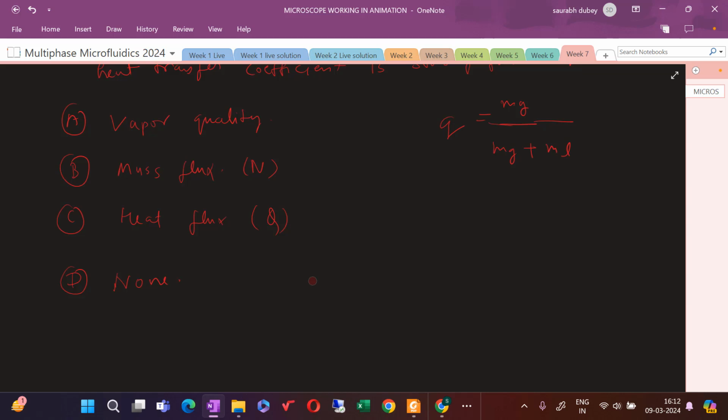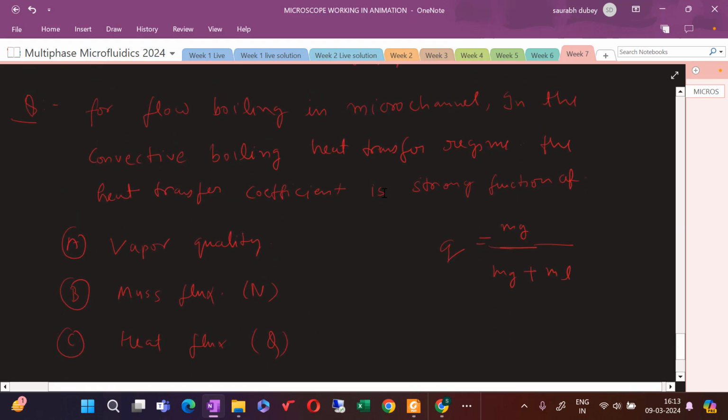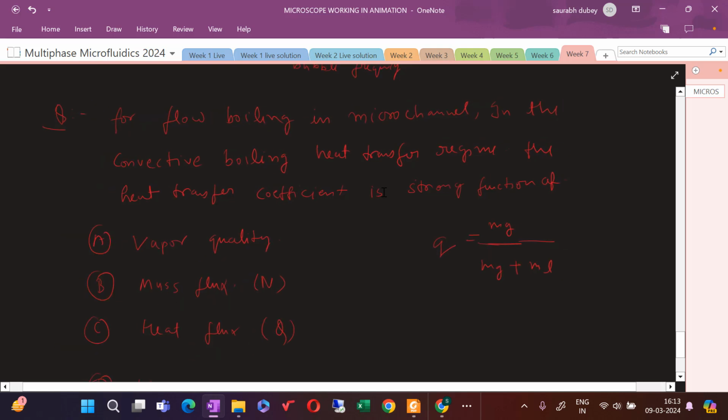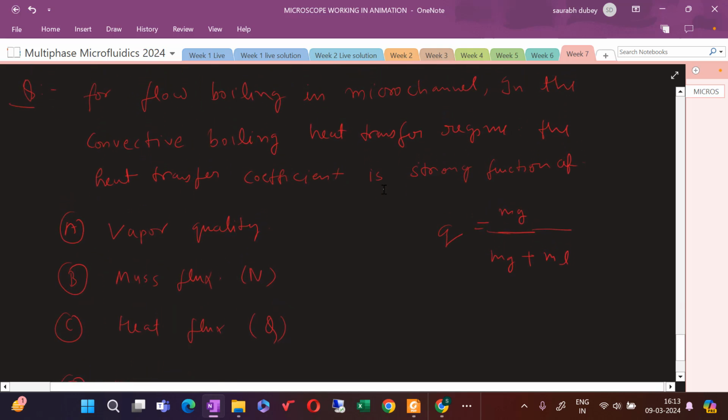Which of the following is correct? If you remember the discussion, you will be in a situation to tell the answer.